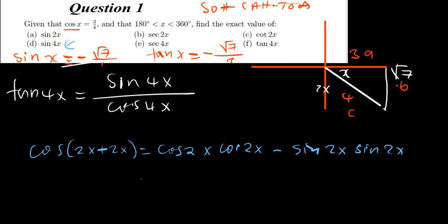Then this gives me cos squared 2x minus sine squared 2x. Now, how can we dismantle cos squared 2x?